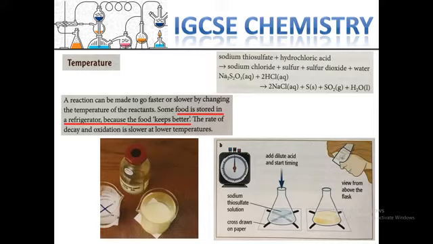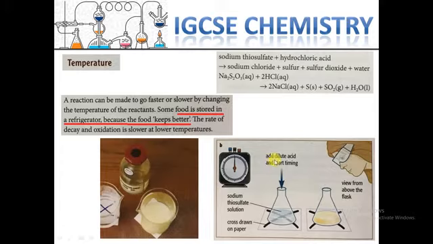Another experiment can be used this way. We can use sodium thiosulfate solution, and we need to put a paper with a cross drawn on it, in any color.